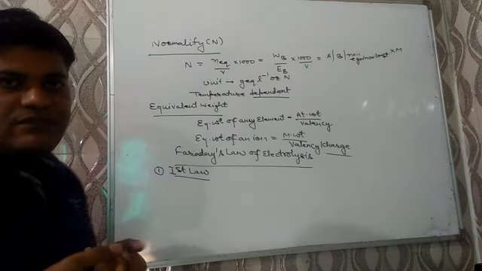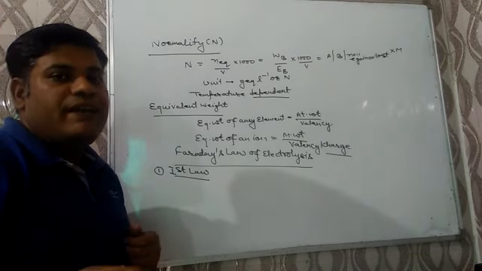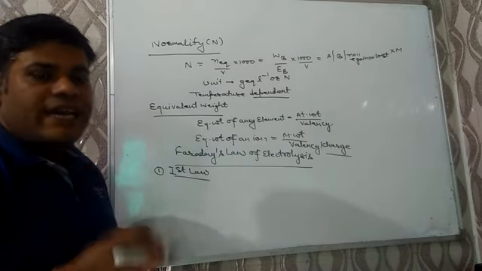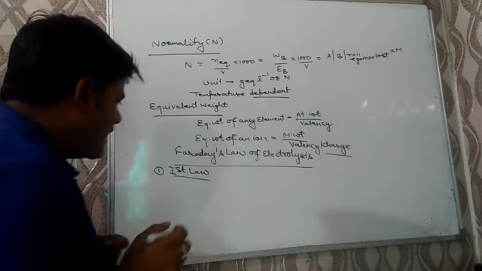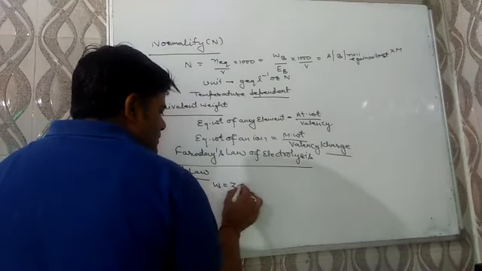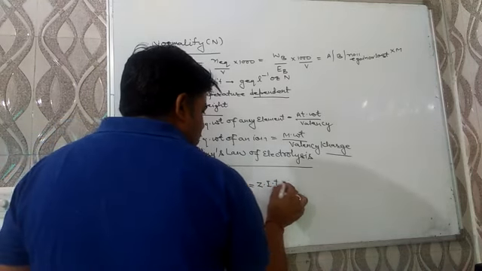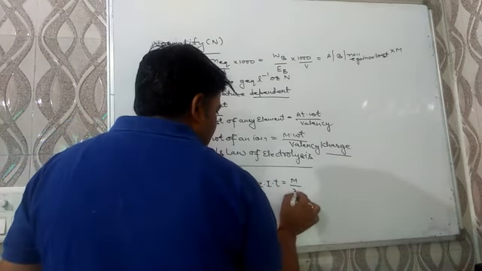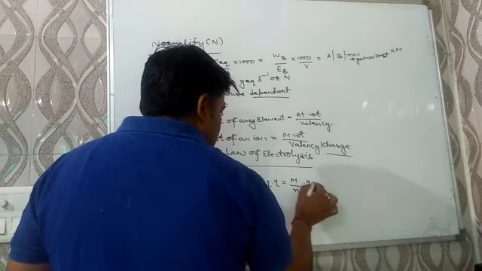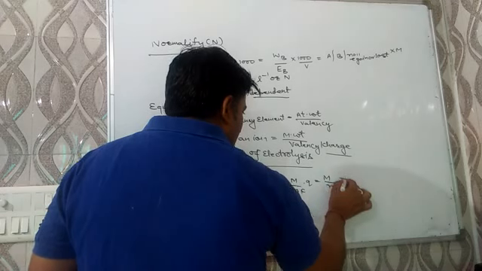According to it, the amount of substance deposited or liberated at an electrode is directly proportional to the amount of electricity passed. Mathematically, W is equal to Z into Q, that is equal to Z into IT, that is equal to capital M over NF into Q, that is equal to capital M over NF into IT.